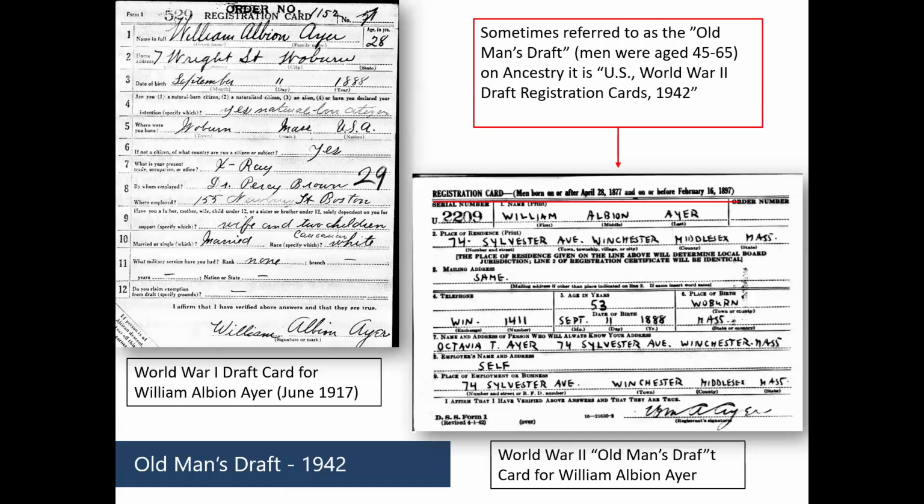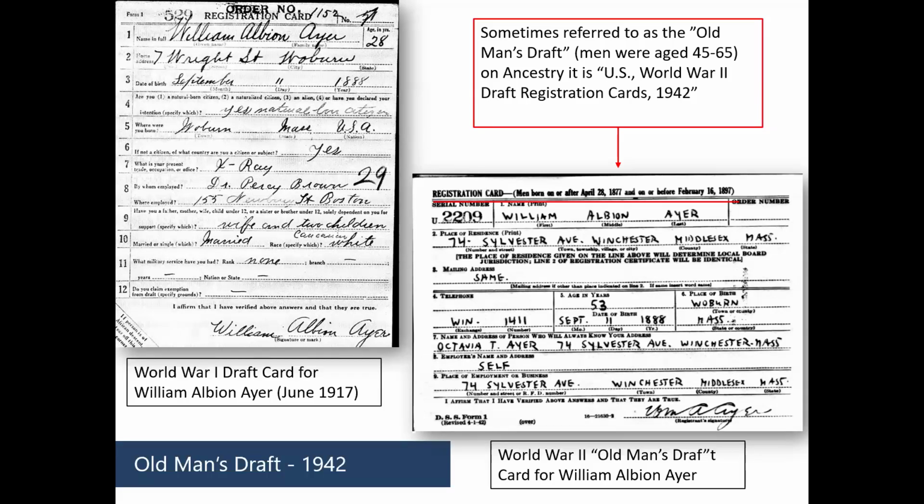And then I mentioned those who may or may not have had a World War I draft card. In this case, William Albion did, and he had the first card, dated June 7, 1917, so it did tell us where he was born.